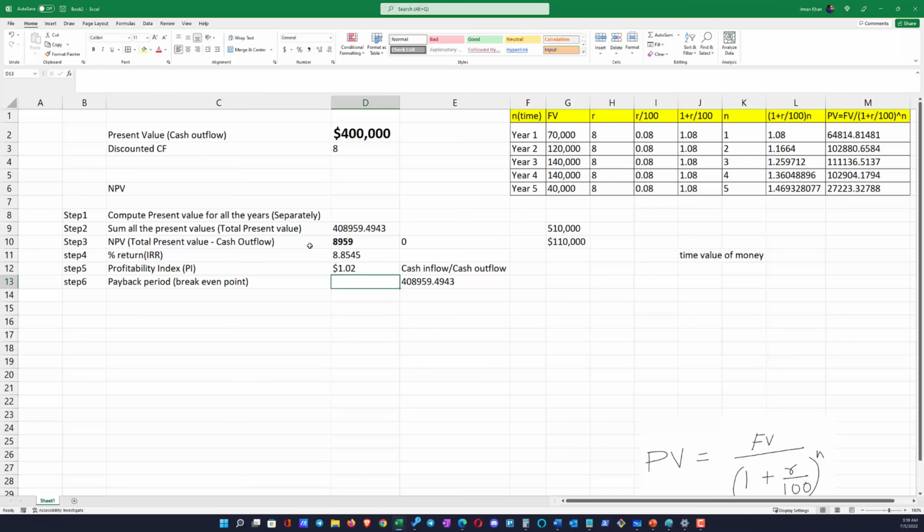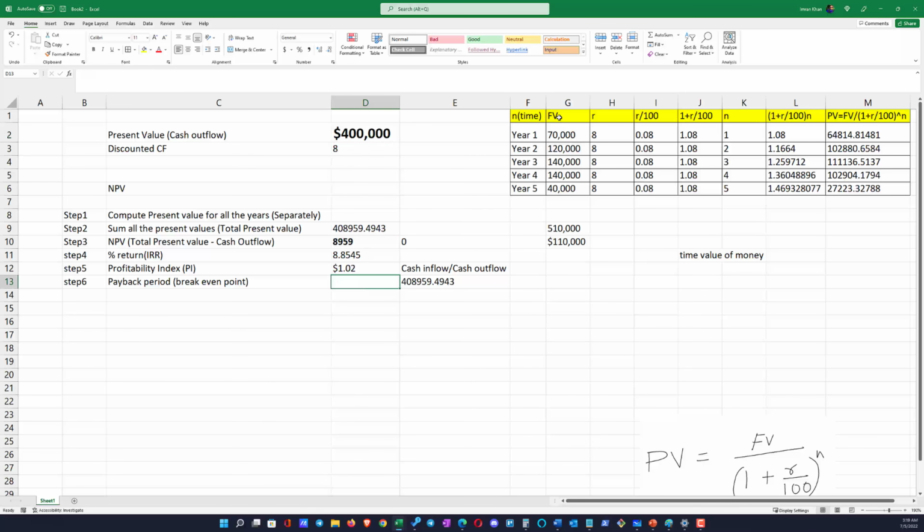At that point in time, they usually don't think about the present value computation. They just want to know in how many years I'm going to get my money back. Okay, so in this case, the project is spending $400,000. We just need to compute in what time we are going to get this $400,000 back.